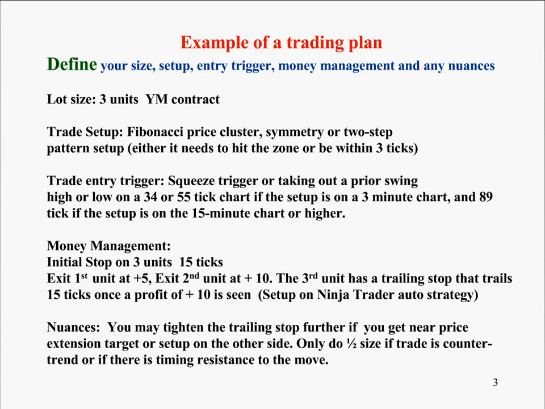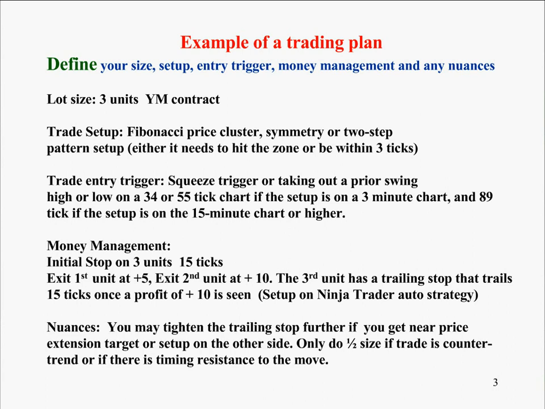And then as far as money management, you want to know what your initial stop is going to be. So let's say the initial stop, if you were doing the mini-size Dow, would be 15 ticks per each contract.